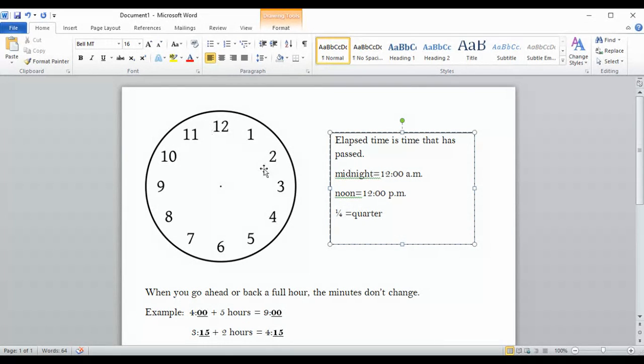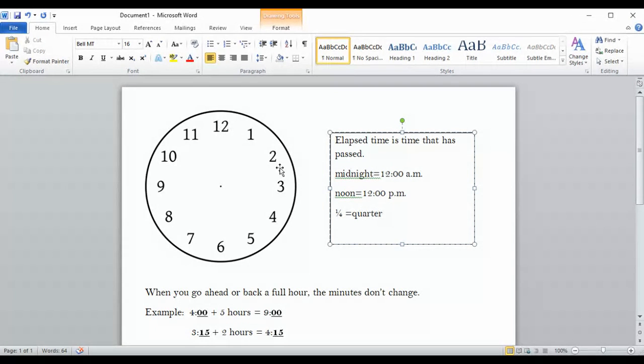So going back to money, when we take 100 and we divide it into 4 groups, each group has 25. So that's why it's 25 cents. But when we take a clock, which has 60 minutes, and we divide it into 4 groups, into quarters, this is going to be a quarter right here, from here to here.